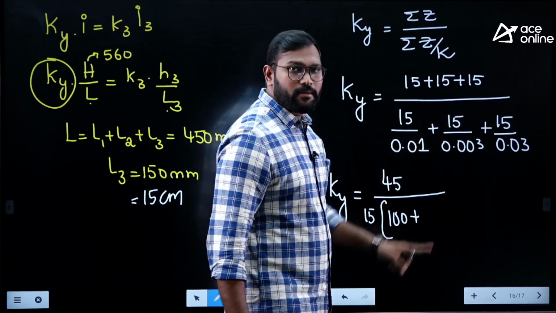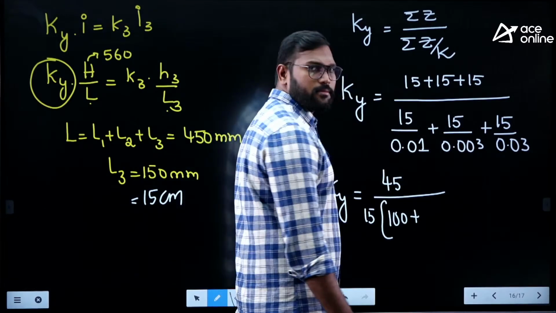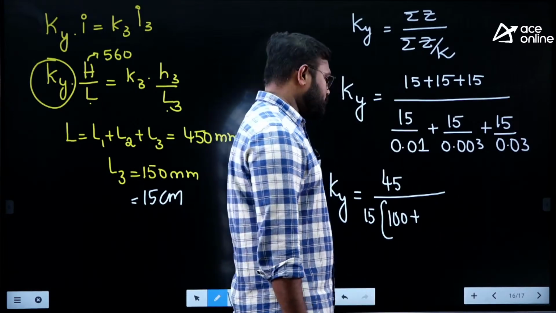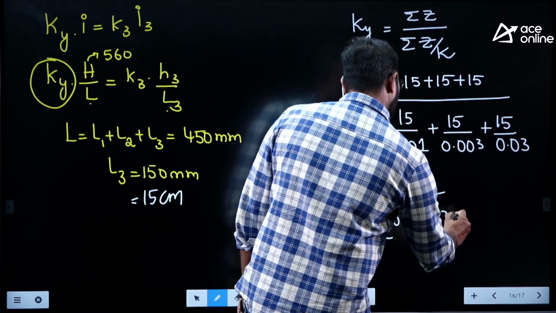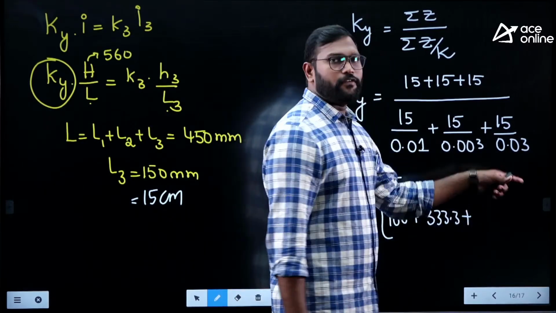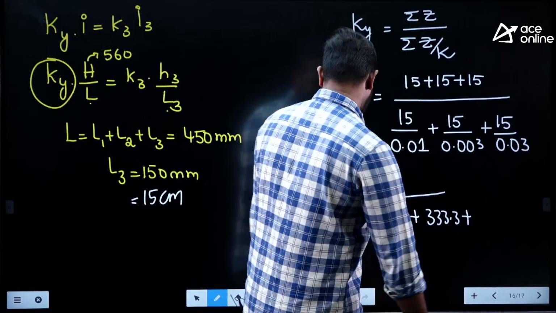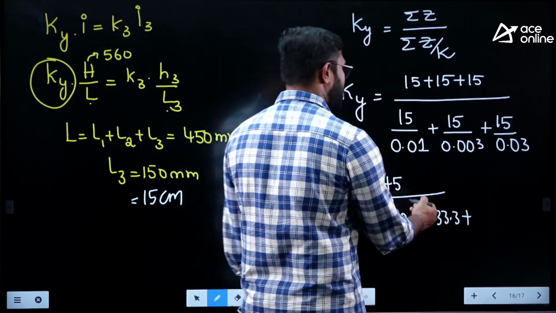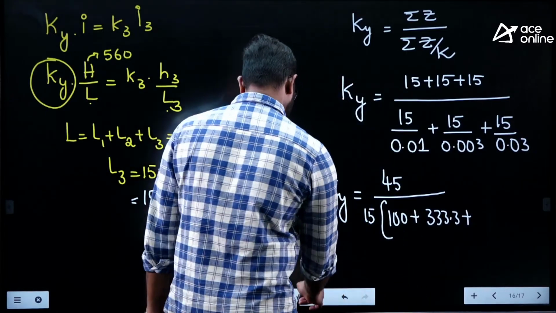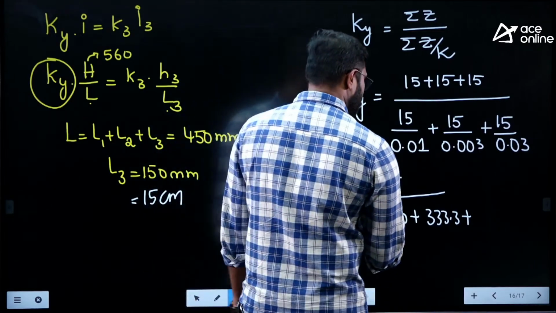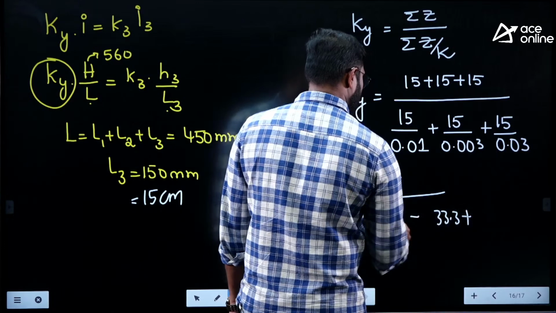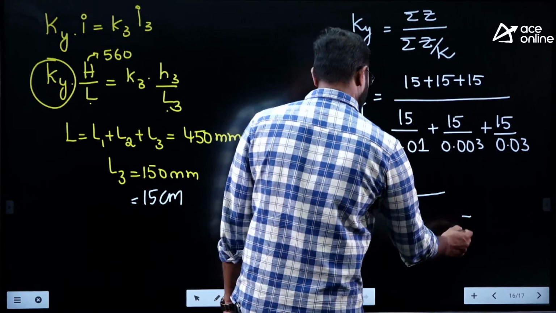So 1000 by 3, which is 333.3, plus 15, sorry. We have taken the 15 outside, right? Or else we'll do one thing, we'll find it like this itself and say at the end.